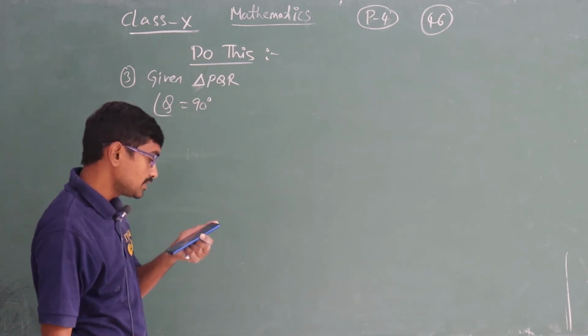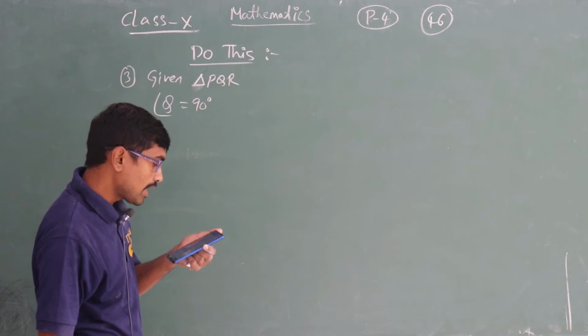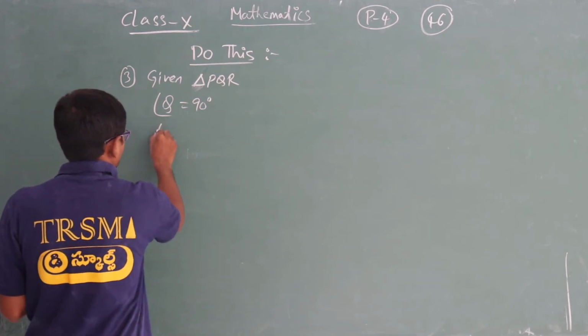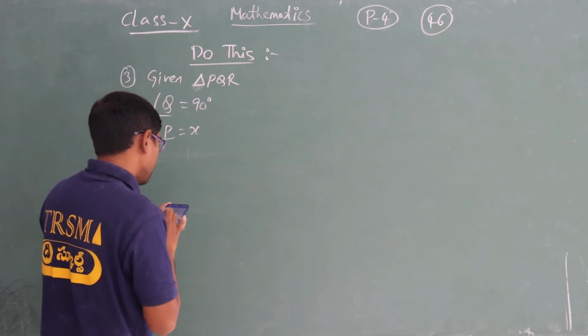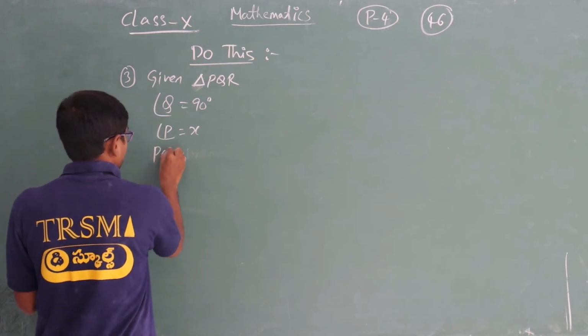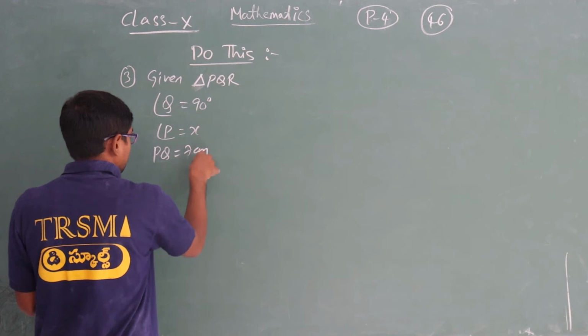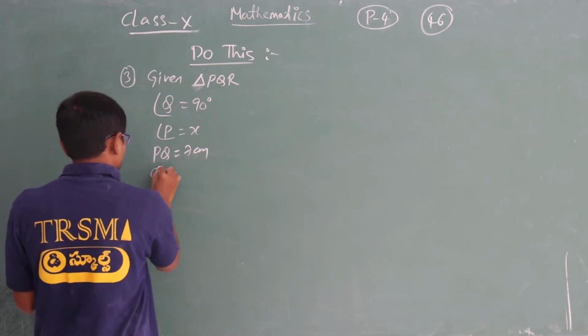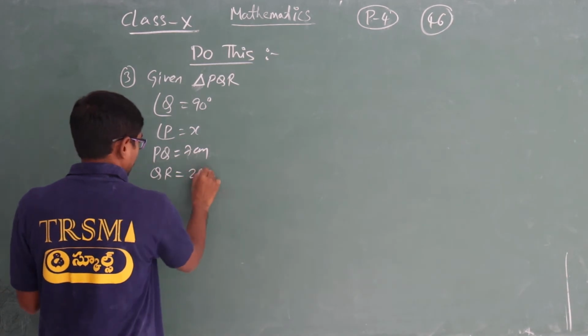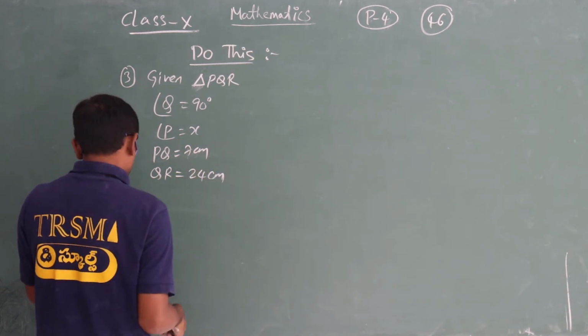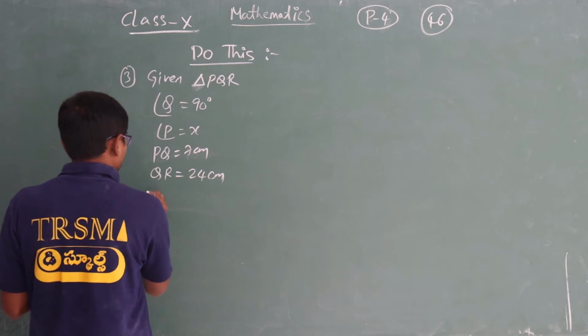Angle P is X. The value of angle P is X. He has given PQ is equal to 7 centimeters and QR is given as 24 centimeters. Okay, so what do we need to find?